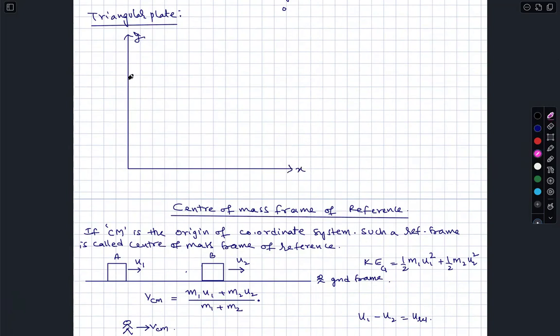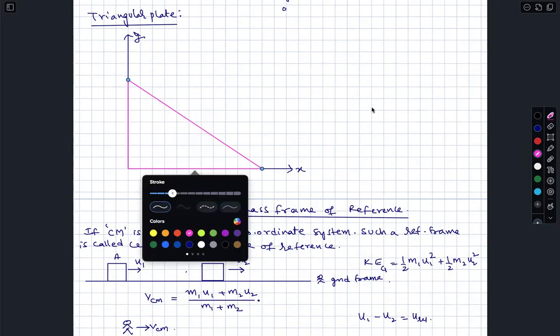And you have a triangular plate like this.